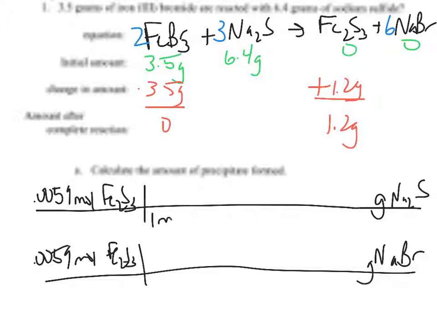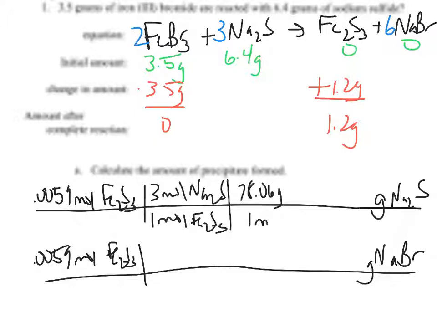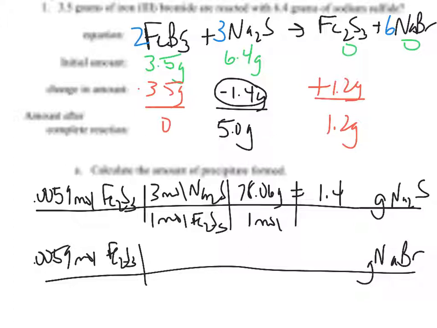So I need 1 mole to 3 moles of Na2S. And then the molar mass there of 78.06 grams in 1 mole, which gives me 1.4 grams of sodium sulfide. So that's how much was used up. That tells me we have 5 grams of that in excess left over at the end.